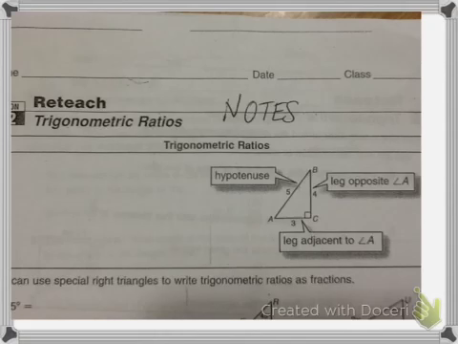One leg is labeled as the leg opposite angle A, and one leg is noted as the leg adjacent to angle A. You're going to see me label these as capital A, capital O, and H. At the very top of our page, and this is what we're going to do every time we start a worksheet for the rest of this chapter, we're going to write a little Indian name called SOHCAHTOA. SOHCAHTOA, if you can remember that, has to do with three trig ratios.